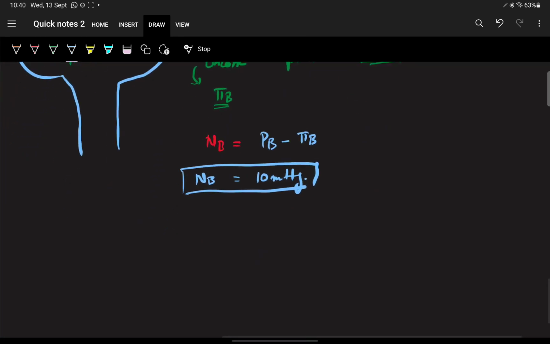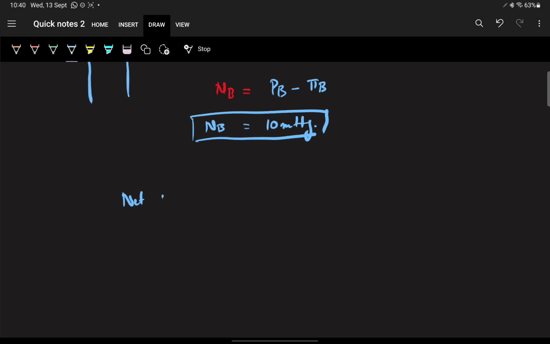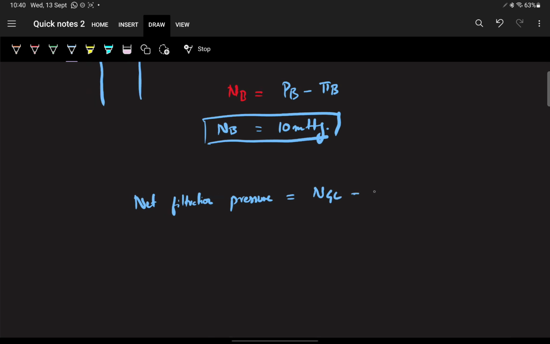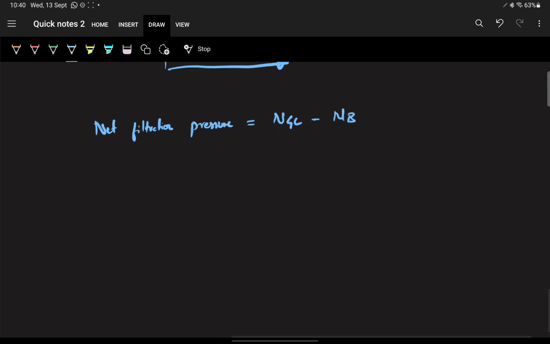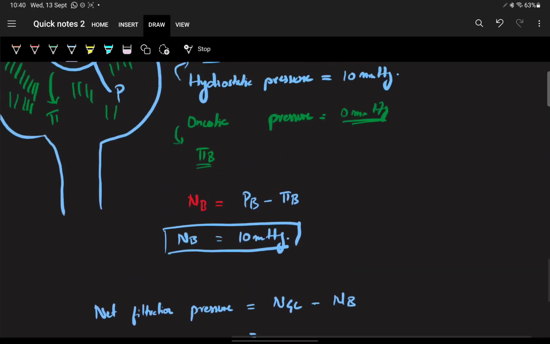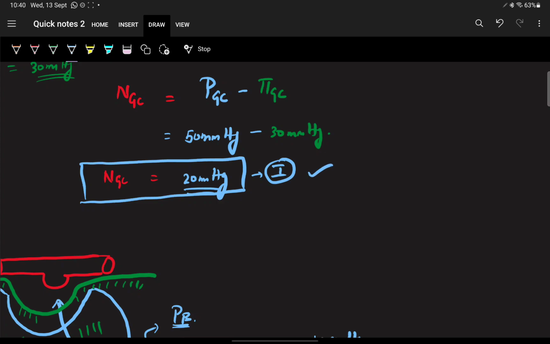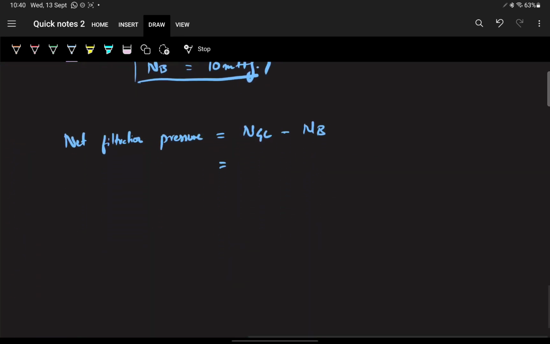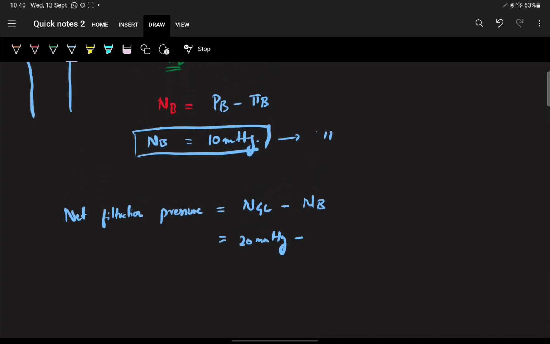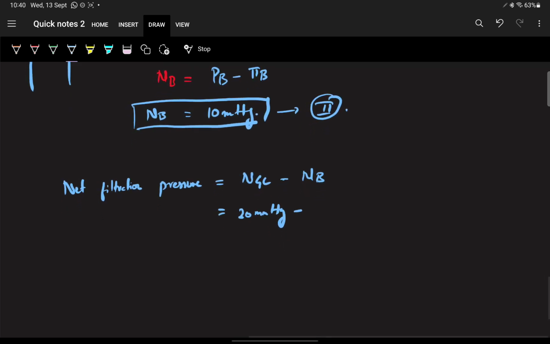So we need to calculate the net filtration pressure, and we do this by subtracting the net filtration in the glomerular capillaries and the net filtration in the Bowman's capsule. In the glomerular capillaries, in equation 1, as you can see here, it was 20 mmHg. So we subtract 20 mmHg minus, in the Bowman's capsule, this is equation 2, we got 10 mmHg.